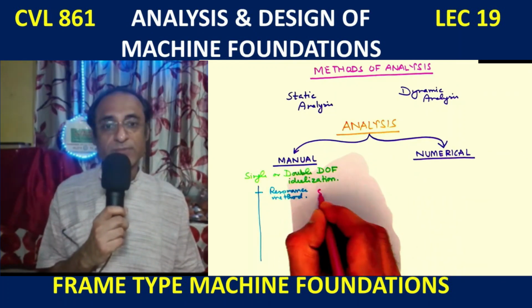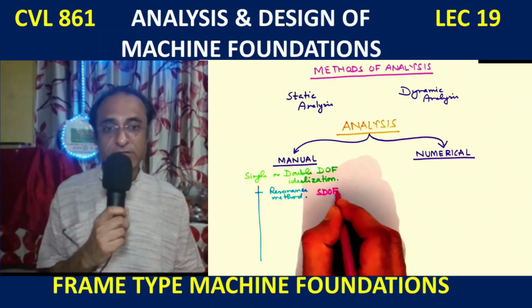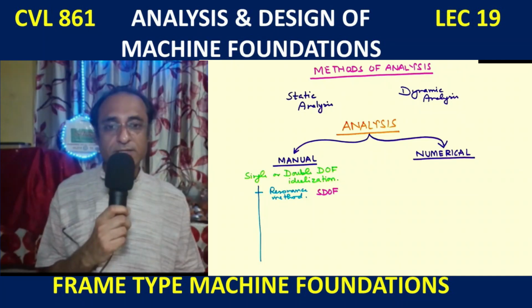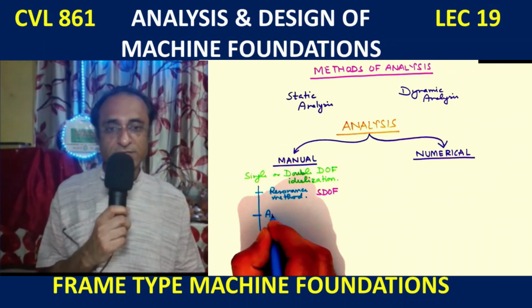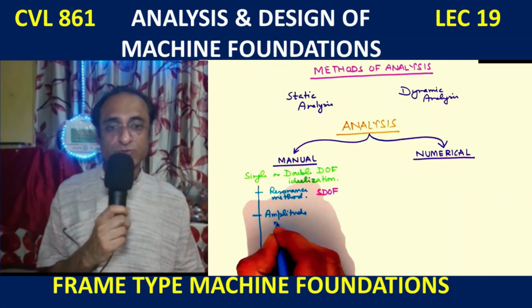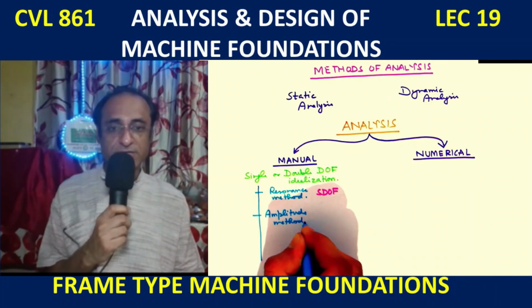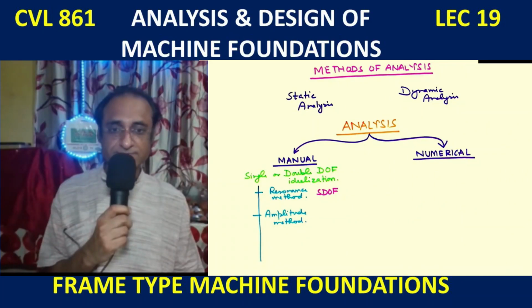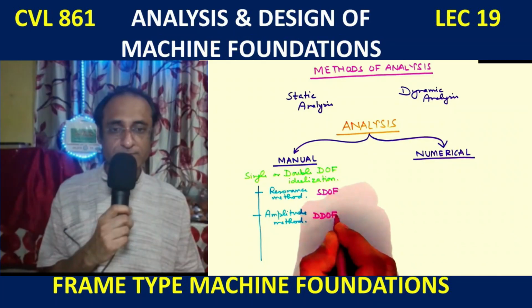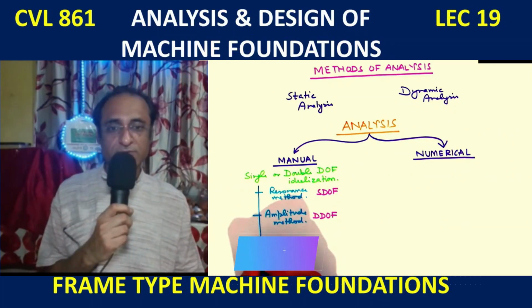One method was the resonance method, that was a single degree of freedom idealization. Then there was the amplitude method, which was a 2 degree of freedom, or double degree of freedom, idealization. And then we have the combined method also.